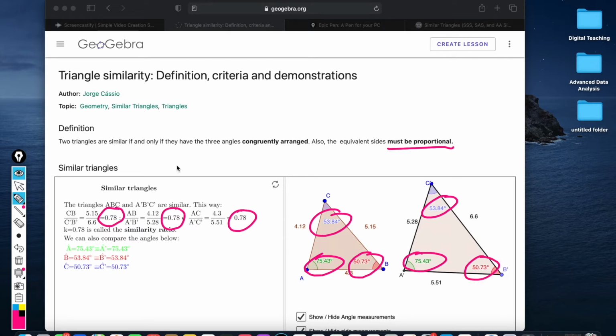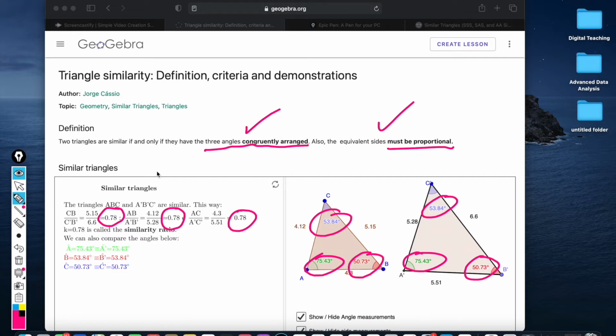So do we have in these two triangles three angles congruently arranged? Yes. Do we have the equivalent sides in proportion? The answer, yes. These two triangles are similar.